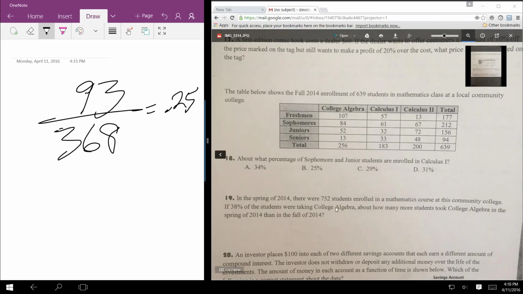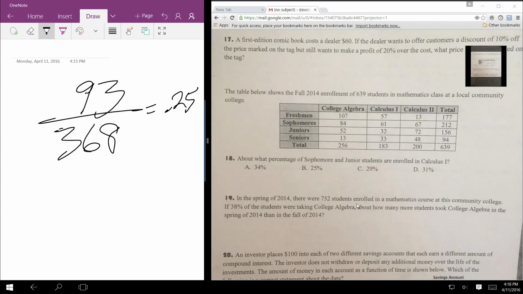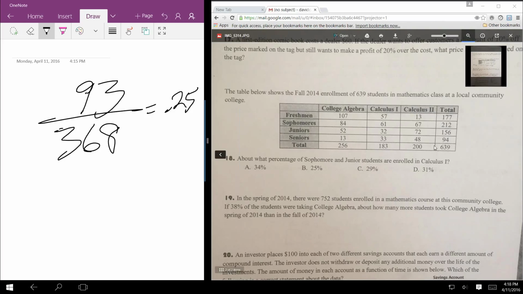So in the spring, there were 752 students enrolled in mathematics, as opposed to the fall where it looks like there's 639 students enrolled in mathematics. But that doesn't matter. If 38% of the students were taking college algebra, how many students took college algebra more in the spring than in the fall?